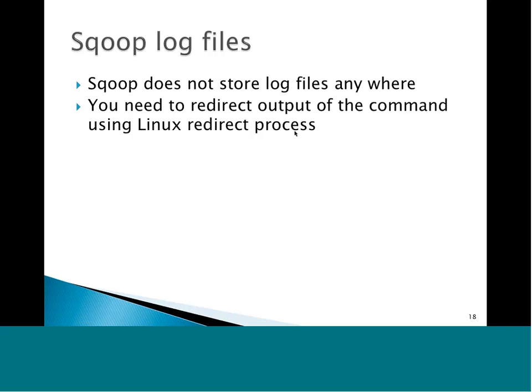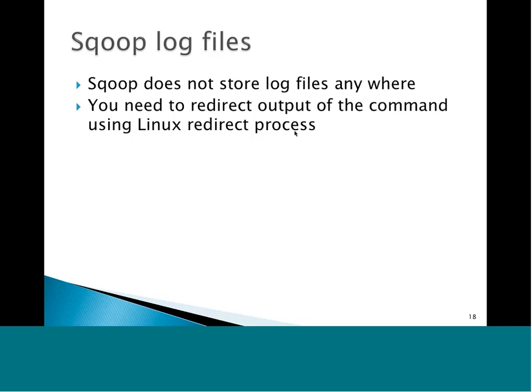But like Hive, where we have the logs under tmp and the OS user which is used to run the Hive commands, and the logs will be created over there, for Sqoop there is no such location. It will not copy the logs to tmp. The output will be emitted wherever you run the Sqoop command, and if you want to preserve that output, you have to redirect the output using the Linux redirect process.